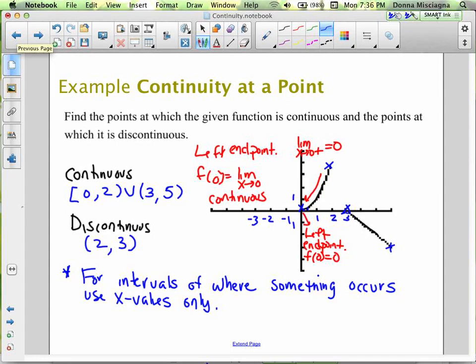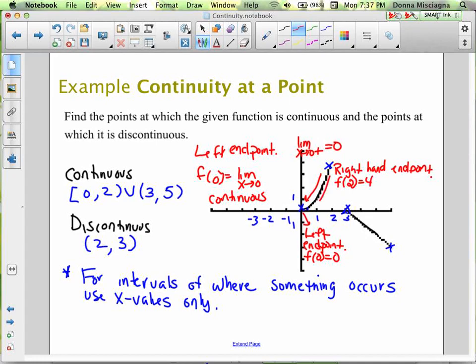All right, 2 is also an endpoint. This one is a right-hand endpoint for that little piece there. Well, looks like, oh, that's right, it keeps going up here. Let's call that 1, 2, 3, 4. So f of 2 equals 4.